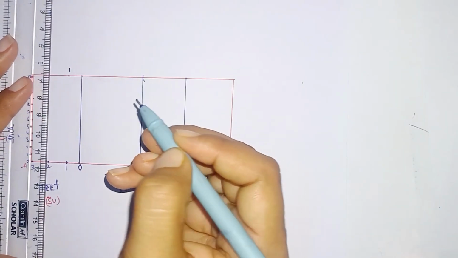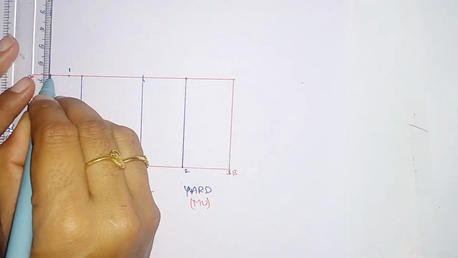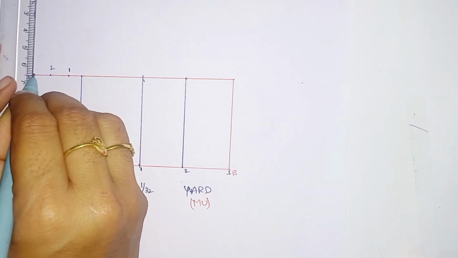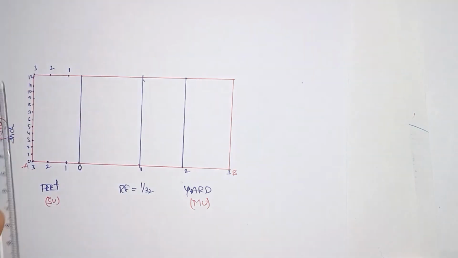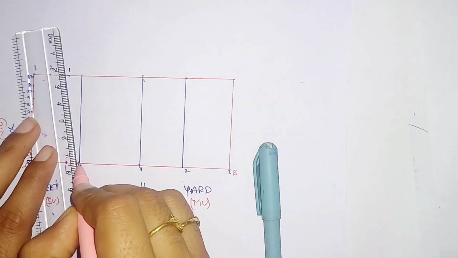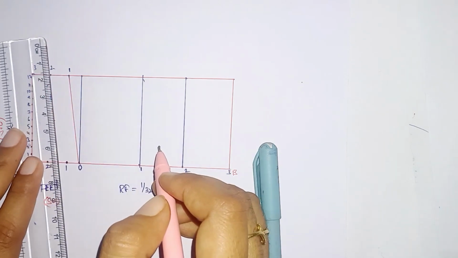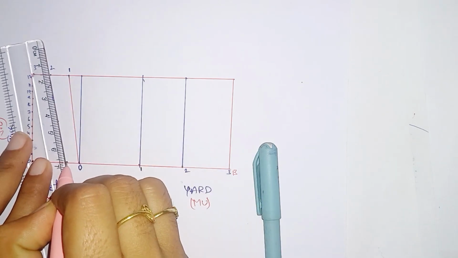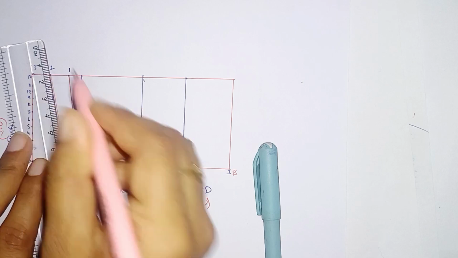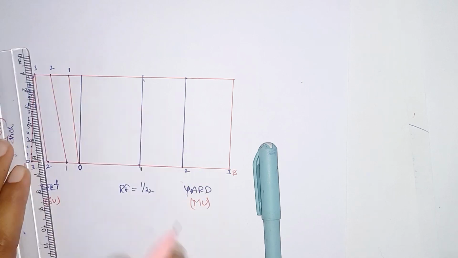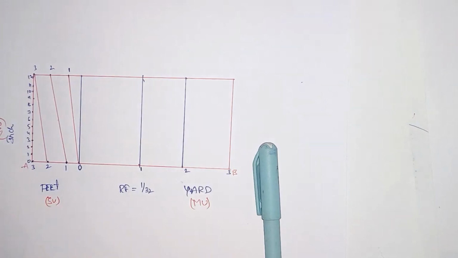This is 1 and second, and this point upside is 2 and 3, and this point is 3. And diagonally, from 0 you consider the first one, and similarly join the first one to the second point, and the second point to the third point. Why? Because here it is add, feet, inch.